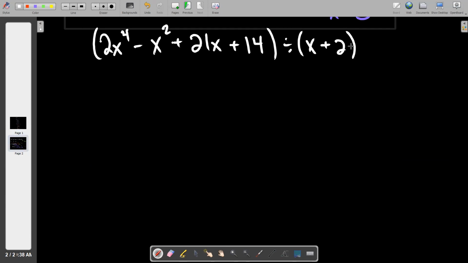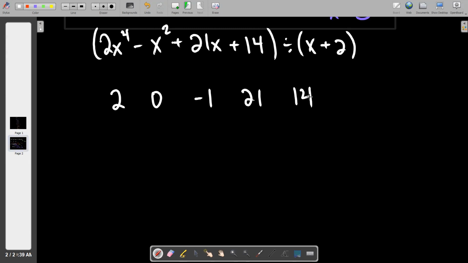I get it. Let's set it up for synthetic. So what numbers would I string across the top? 2, 0, -1, 21. And I saw a couple heads perk up when I said 0. This problem exists for that reason and that reason alone. You've got to fill the gaps. You'll notice that the exponents didn't scaffold smoothly 4, 3, 2, 1, 0.